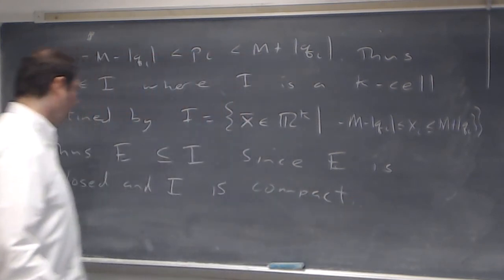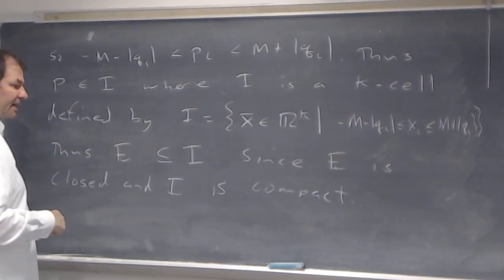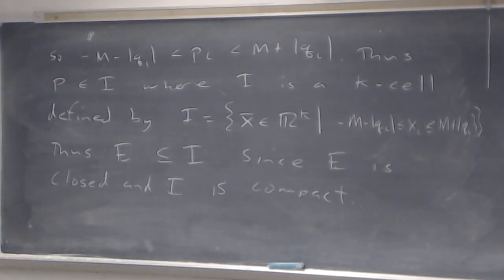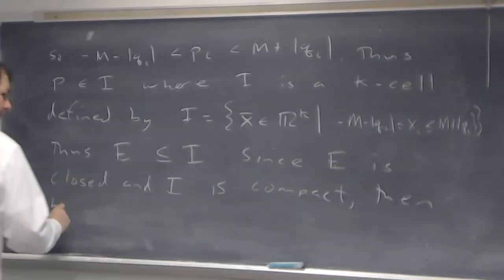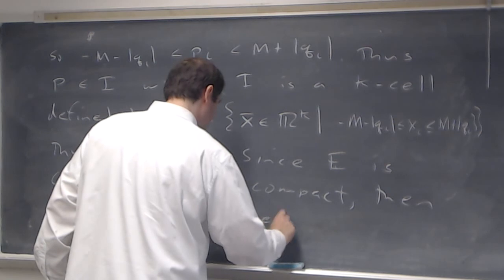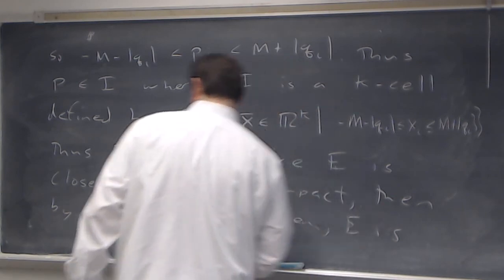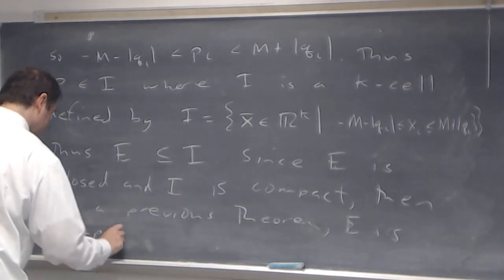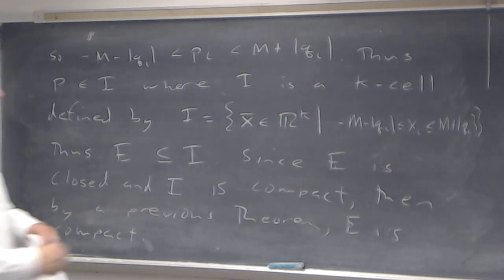And what we've shown is that every closed subset of a compact set is compact. So by a previous theorem, E is compact. And that's showing that A implies B.